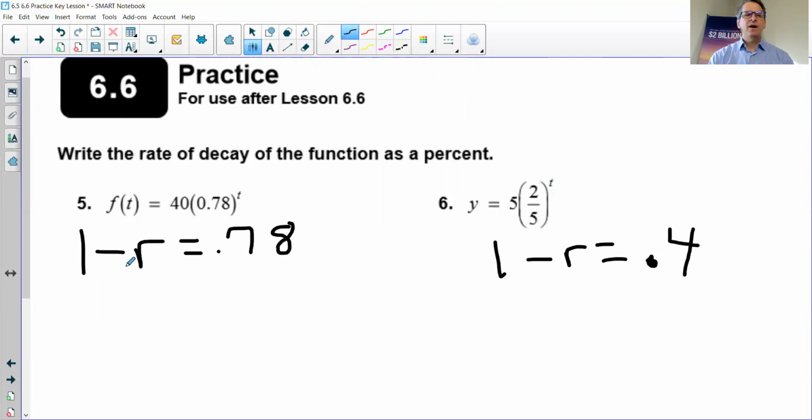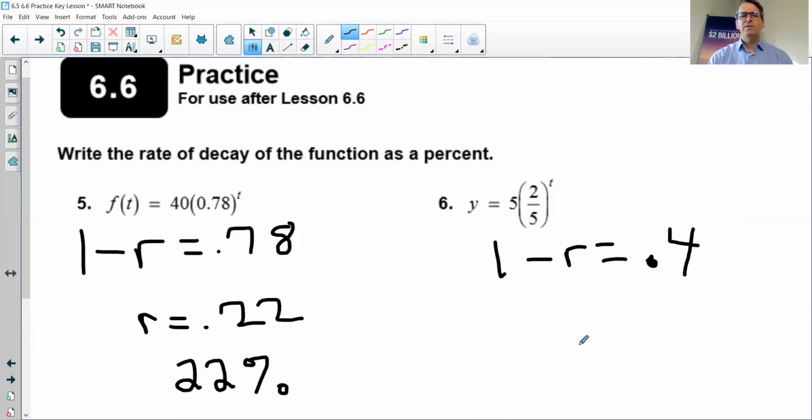So what number are you subtracting from 1 to get 0.78? I have 0.22. Okay, so r is equal to 0.22. So your decay is 22%. In this case, your r is going to be 0.6. So you have a 60% decay for number 6.